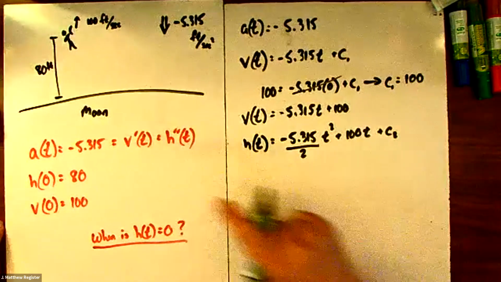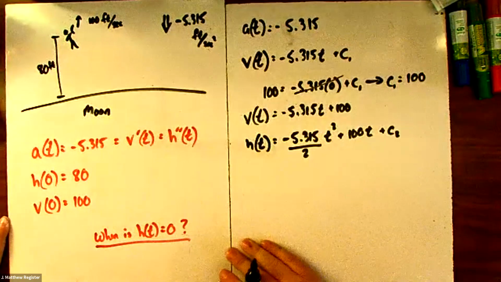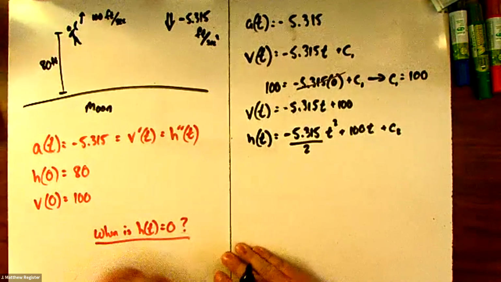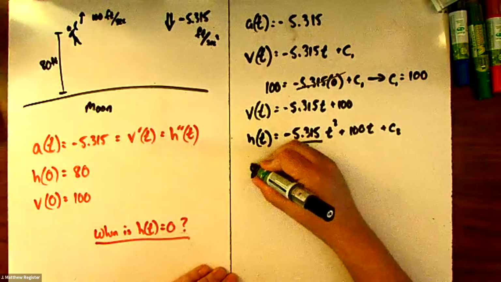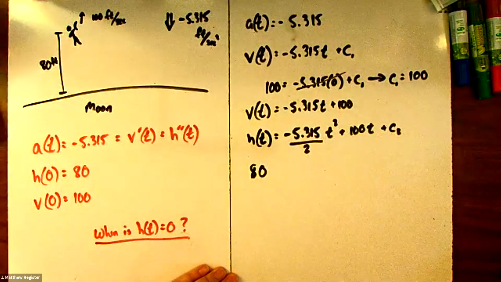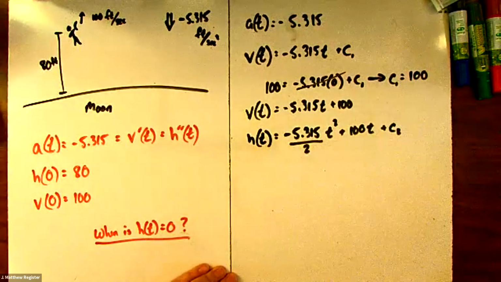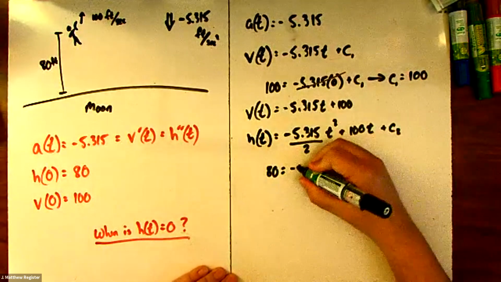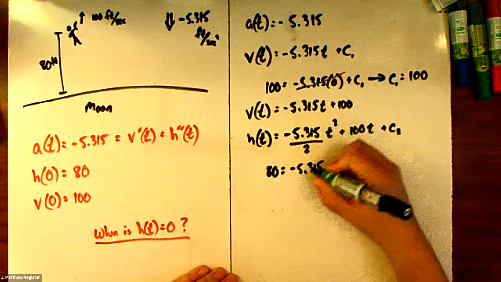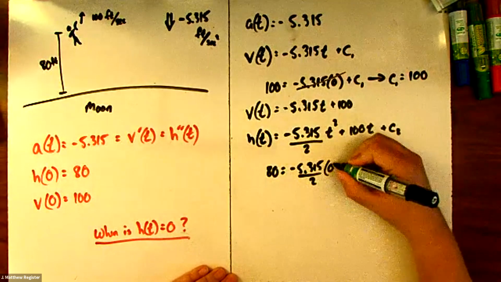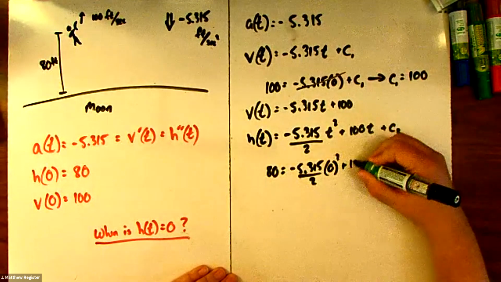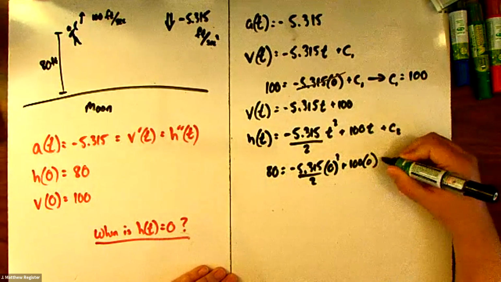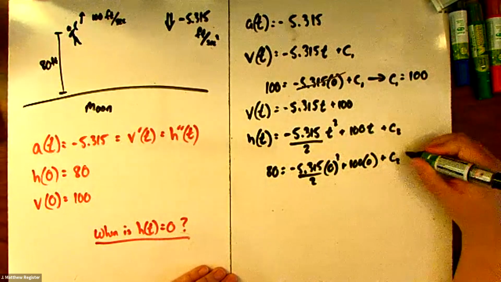Now we've got to figure out what c2 is. Odds are it's going to be our 80. But if we're not sure, we can check, because we would say that 80, and I'll indent this a little bit like I did before, 80 is equal to negative 5.315 over 2 times 0 squared plus 100 times 0 plus c2.